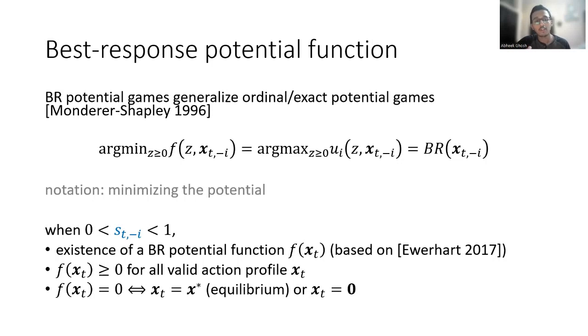Our potential function also has the property that f is always non-negative for all valid action profiles, and it is equal to zero only when the action profile is the same as the equilibrium action profile, or when the total output of all the agents is zero.